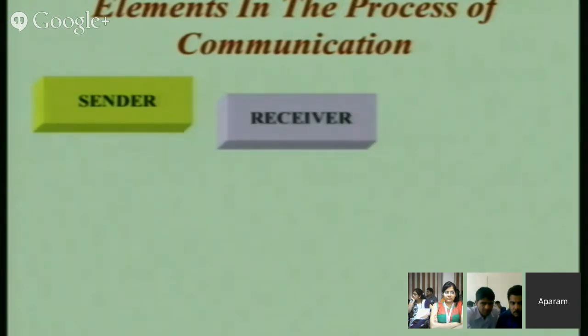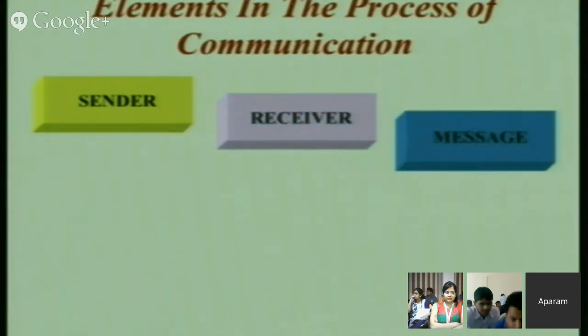Then there is another element called the receiver of the message. The receiver tries to interpret the symbols, derive the meaning out of those symbols, and then provide feedback to the sender. And thus, the third important element in the process is the message.